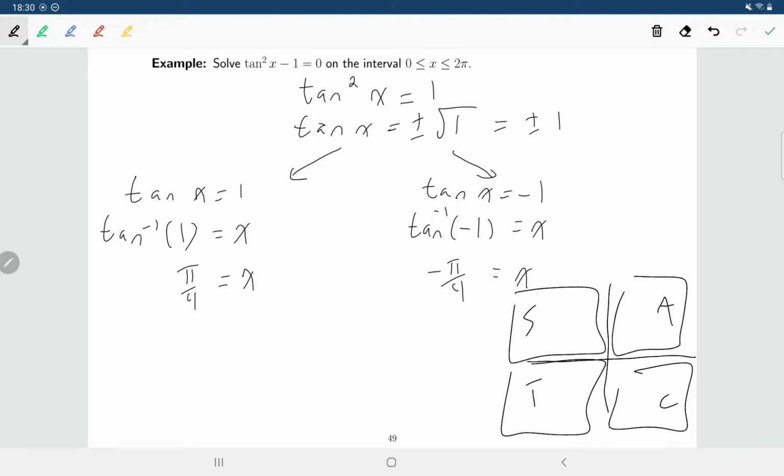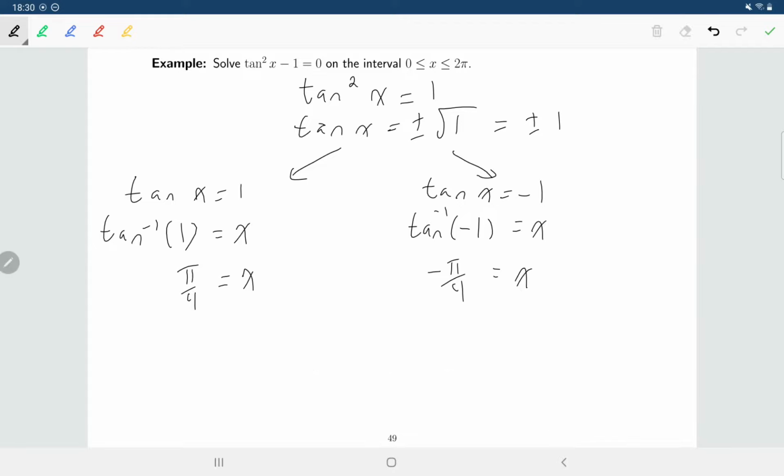And the one thing that we know is that all of these angles, they're all going to have the same reference angle of pi over 4. So the ones that give us a positive value for tangent, those have a reference angle of pi over 4. The ones that give us a negative value for tangent, those also have a reference angle of pi over 4. So although we found these two values, the actual solutions for our equation would be the angles that have reference angles of pi over 4, which includes pi over 4.